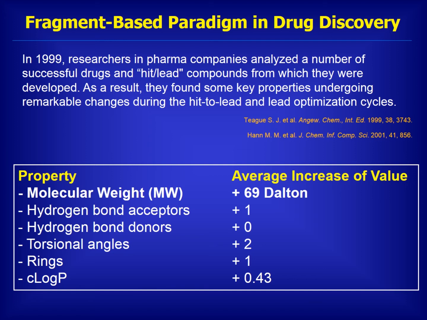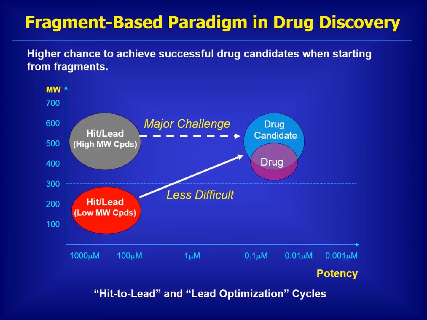As a result, researchers found that some key properties, in particular molecular weight, significantly changed, increasing its average value with respect to other properties. On the basis of this observation, they claimed that there is a higher chance to develop drugs when starting from fragment-like compounds during hit-to-lead and lead optimization cycles, whilst a major challenge may still exist when starting from compounds with higher molecular weight.